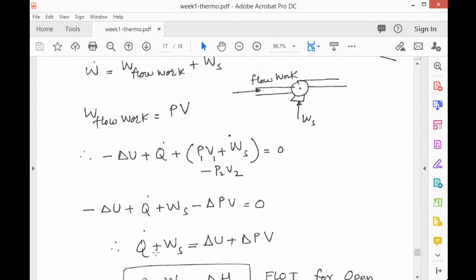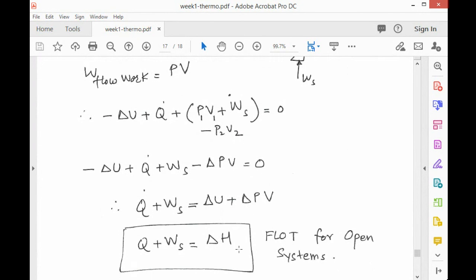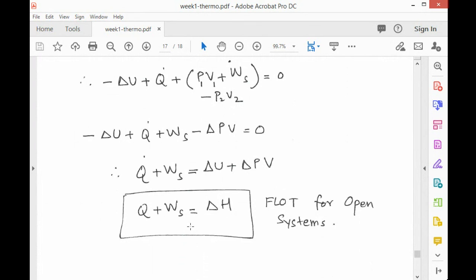So you write here Q plus WS is equal to delta U plus delta PV. Again, you know that U plus PV is equal to H. So we can write Q plus WS equal to delta H. This is for an open system.